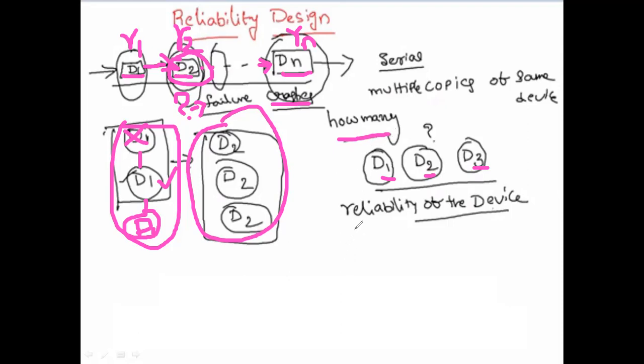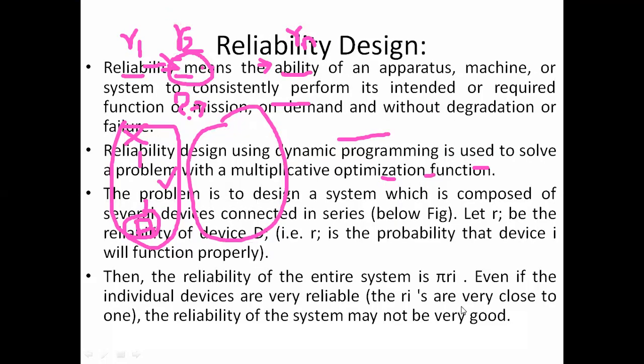That is the problem we are going to solve here. Suppose at the first stage we use 3 devices, at another stage 3 devices, and at another 2 devices. How many devices we use for each single stage, we are going to calculate in reliability design.